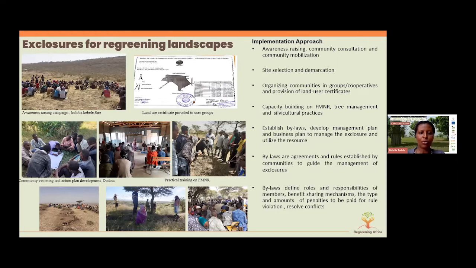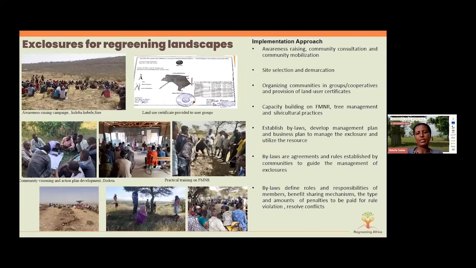Following these consultations, the local community and the local government select the area to be put under exclosure, and then the sites are demarcated. After the demarcation, the communities, mainly the unemployed youth and the landless, including women, are organized into groups and receive land user certificates from the local government.